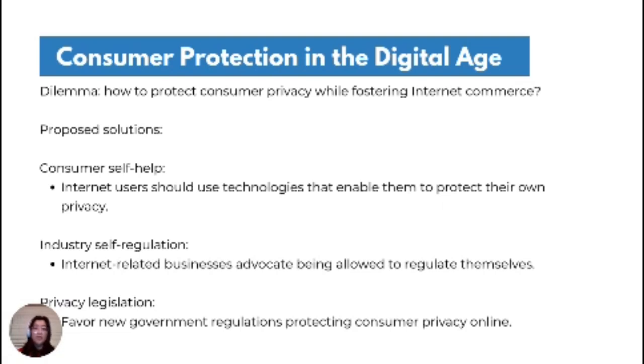For industry regulation, what it means is internet-related businesses create their own privacy standards and agree to follow them voluntarily. And then last is the privacy legislation. What it means is government introduce laws and regulations to ensure consumer privacy is protected online.